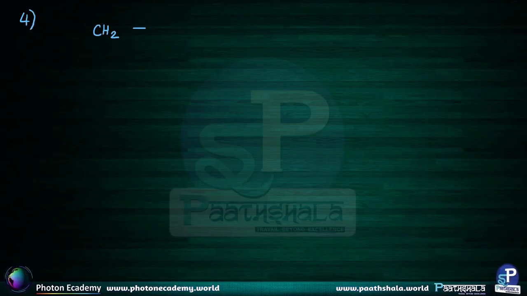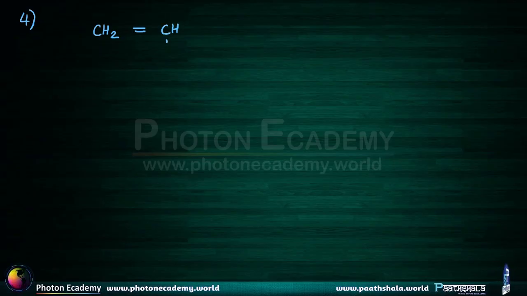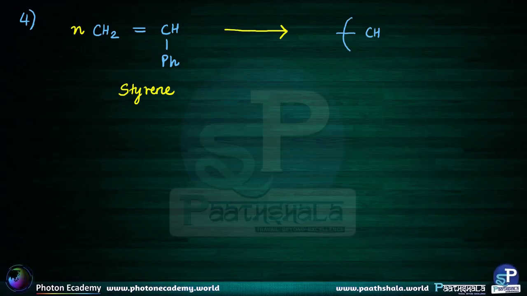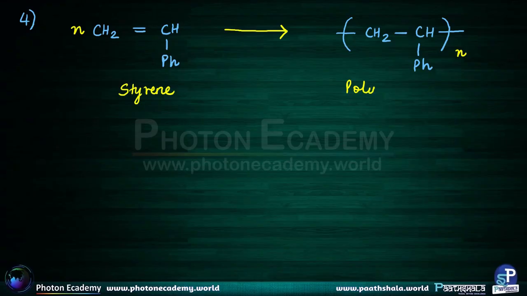So we have CH2 double bond CH connected to a Ph group, and n units of this we are taking, and this monomer is called styrene, which on polymerization will give us CH2 single bond CH Ph group attached to it, and we have got n units of this, and this polymer is known as polystyrene, that is many styrene. Okay, so this is an example of addition polymer again.